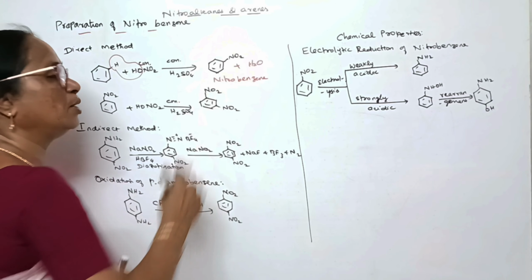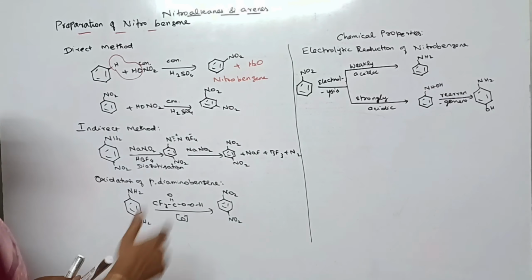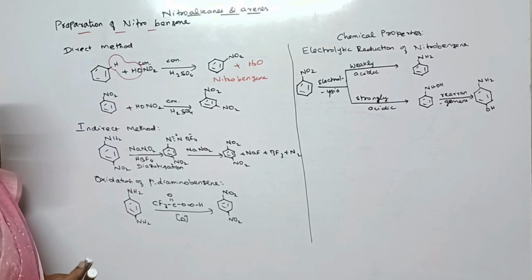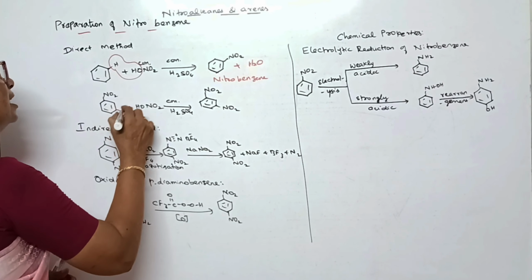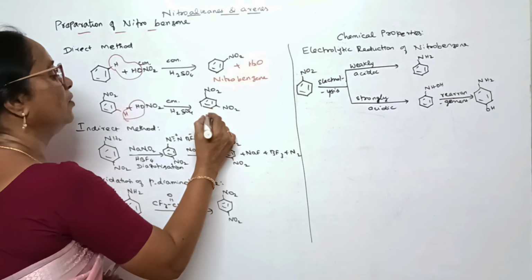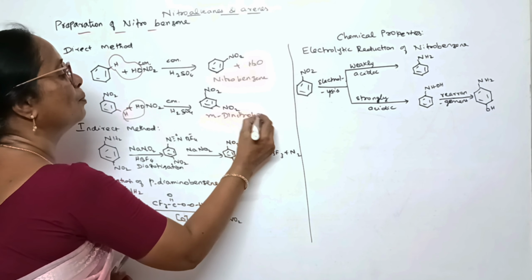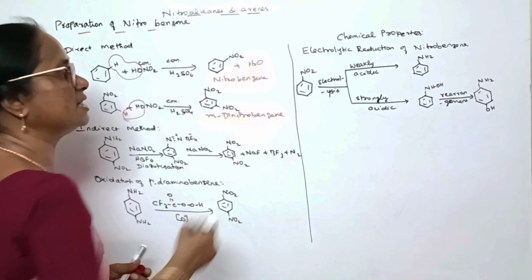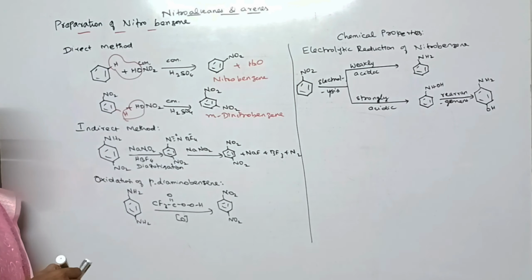Since the nitro group is an electron withdrawing group, it becomes a meta-directing group. So that's why the meta position hydrogen is once again substituted by the nitro group. So by direct nitration of benzene we can prepare nitrobenzene as well as meta-dinitrobenzene.